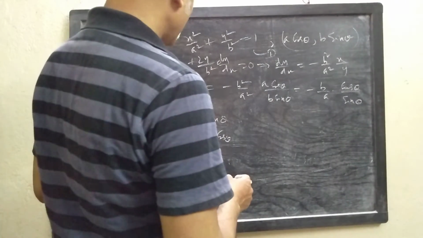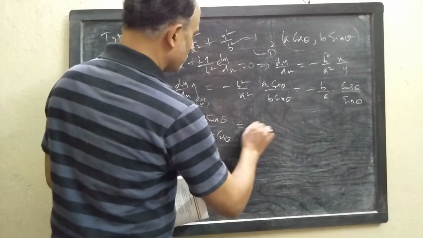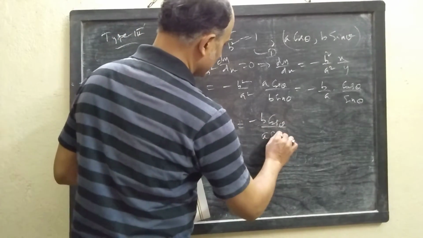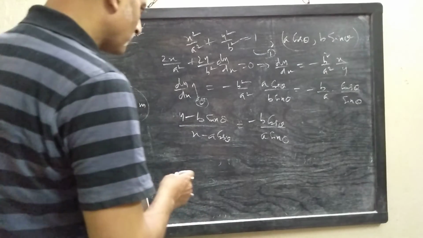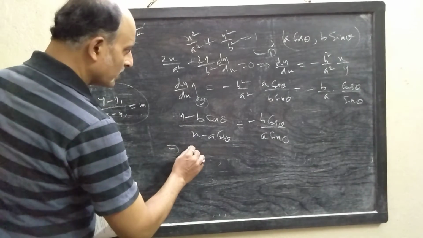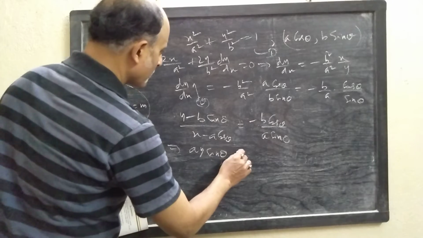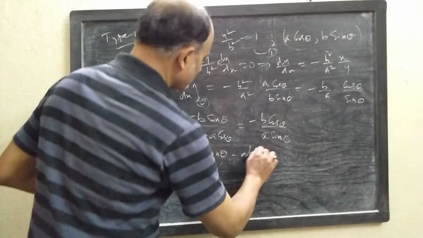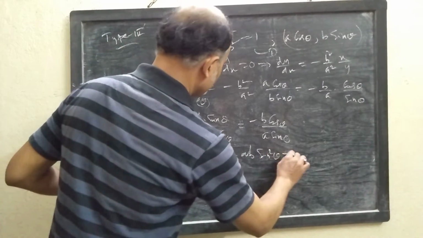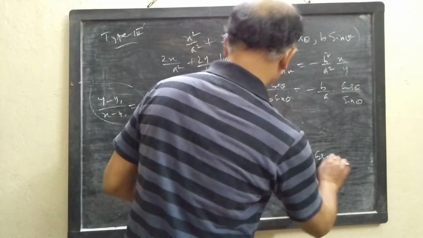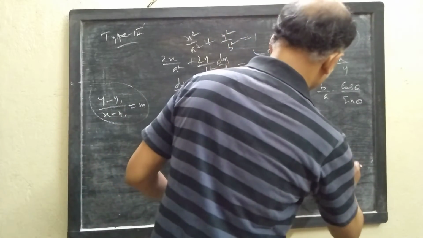It equals minus b cos theta by a sin theta. So just cross multiply them. You get ay sin theta minus ab sin square theta equals minus bx cos theta plus ab cos square theta.